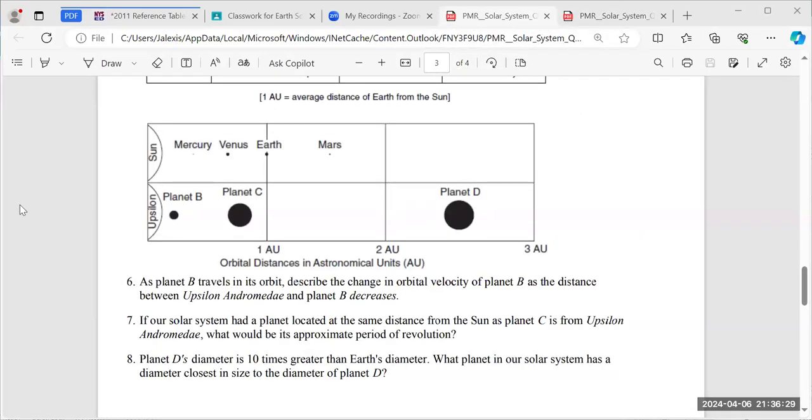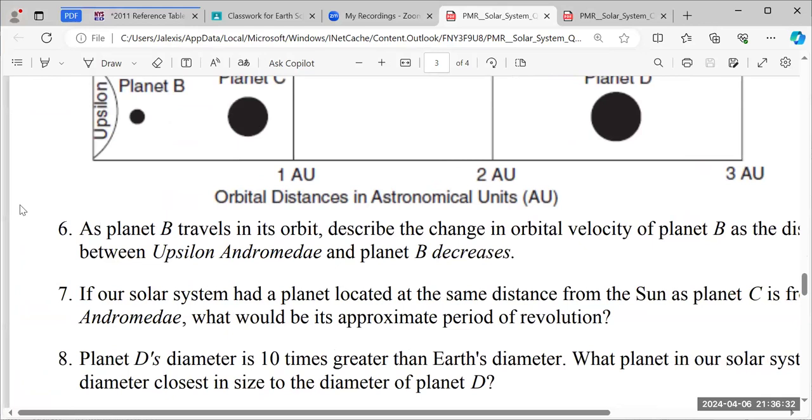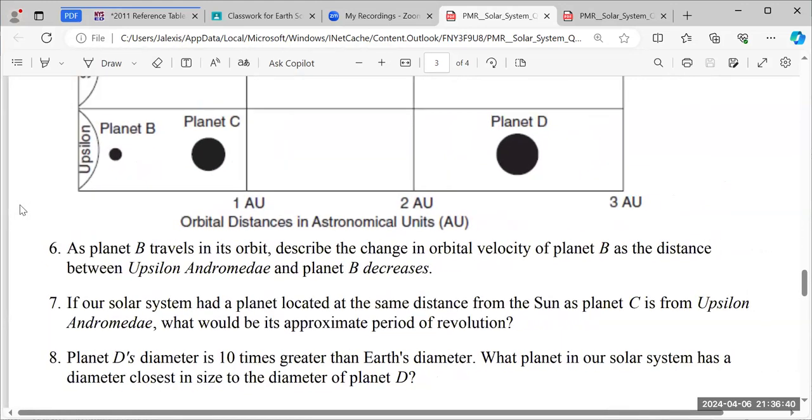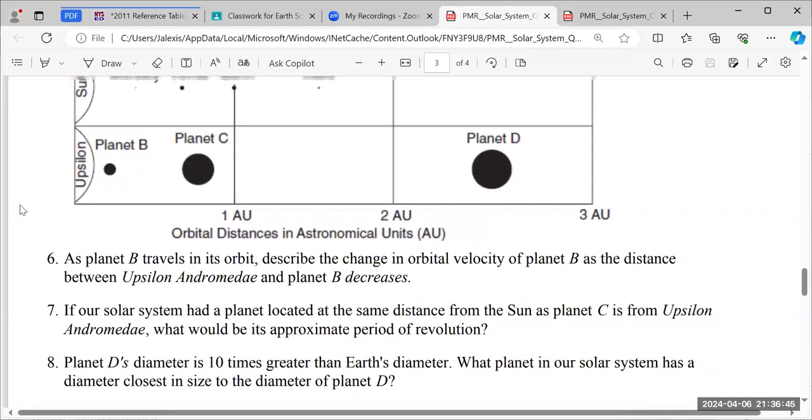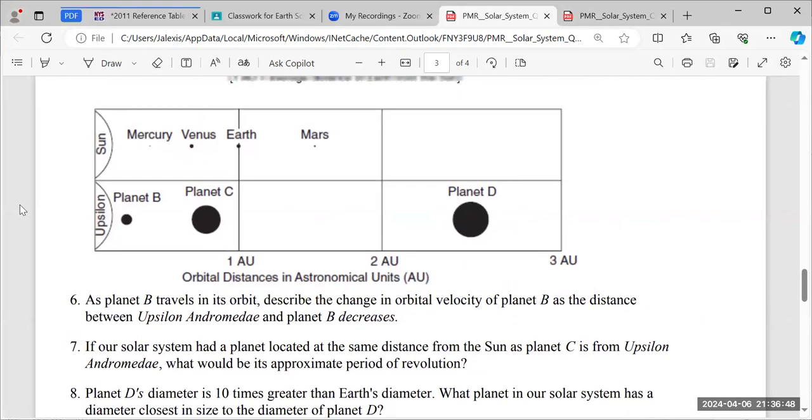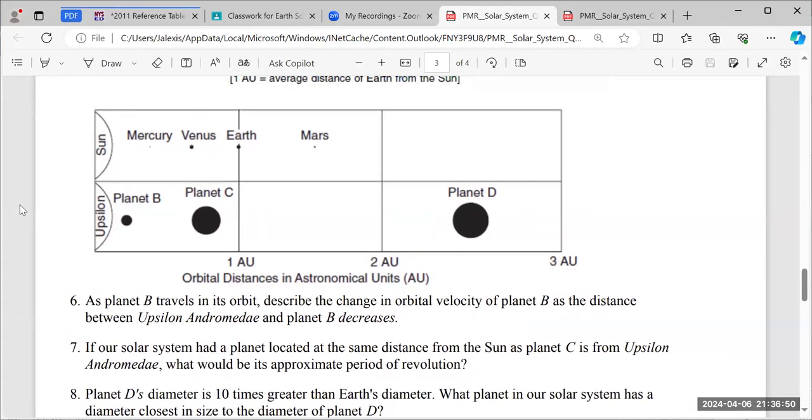All right, number 7. Number 7 says, if our solar system had a planet located the same distance from the sun as planet C is from Upsilon Andromeda, what would be its approximate period of revolution? So when I'm looking at this chart, they want to know if we had a planet right here, because planet C is located right here. What would be its approximate period of revolution?